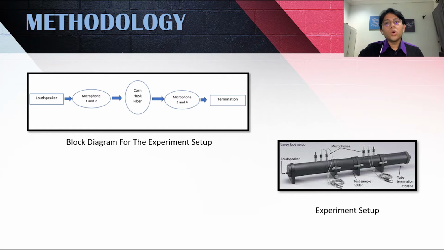And then we go to the methodology. Okay, as you can see, that is a block diagram for the experiment setup. I will explain this. The figure shows the system layout of the silencer in this project.